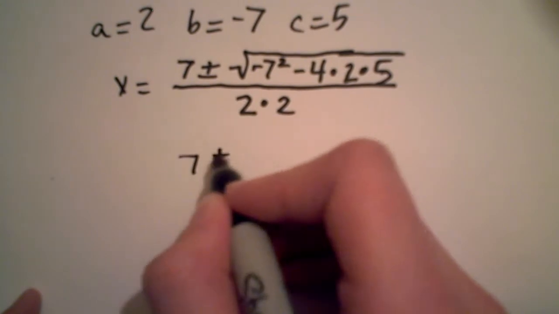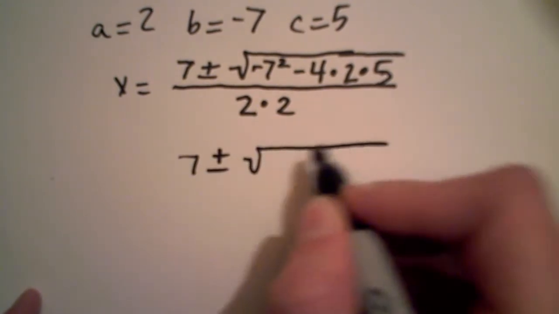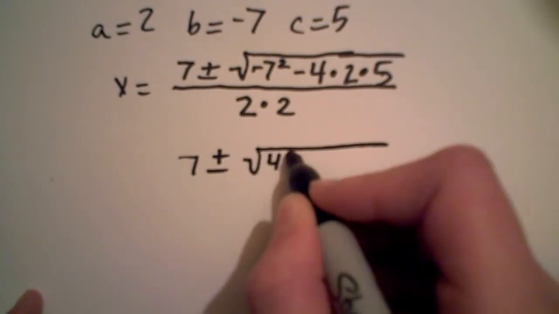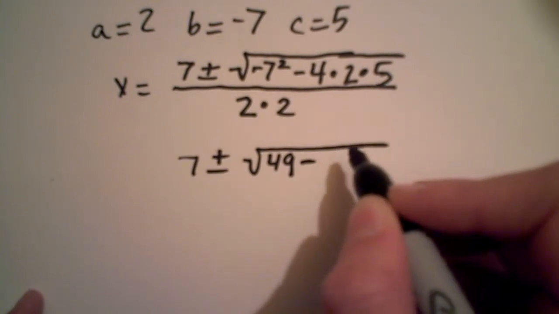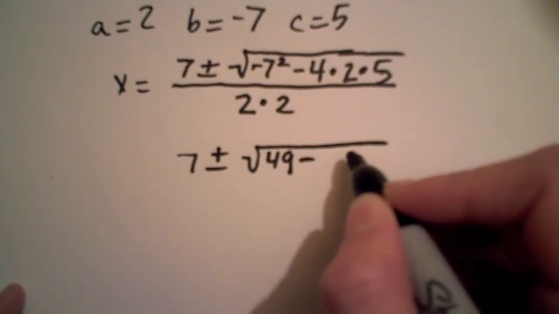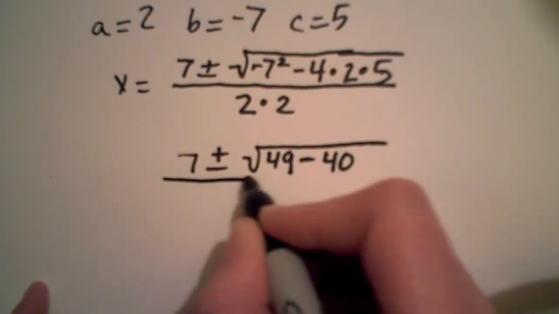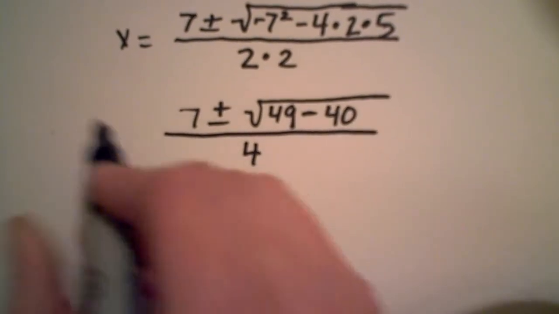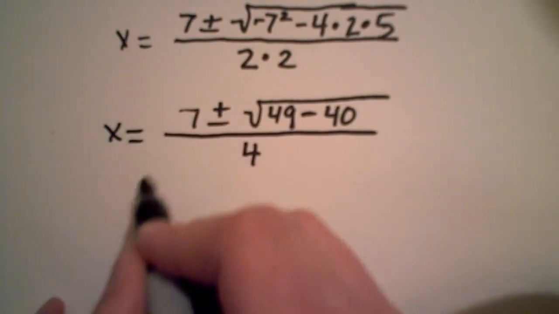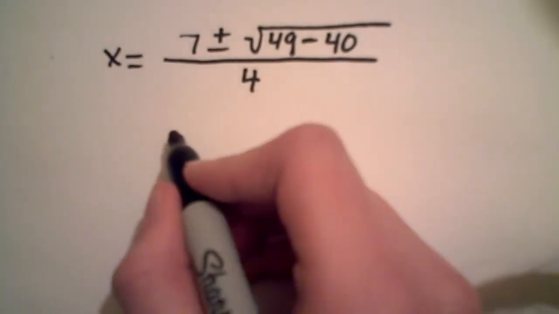7 plus or minus the square root of 49 minus 4 times 2 is 8 times 5 is 40, all divided by 4. And then we're going to just simplify this.